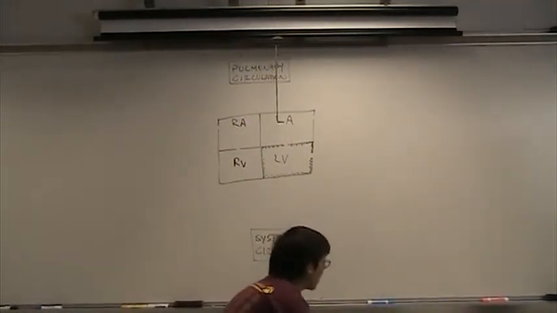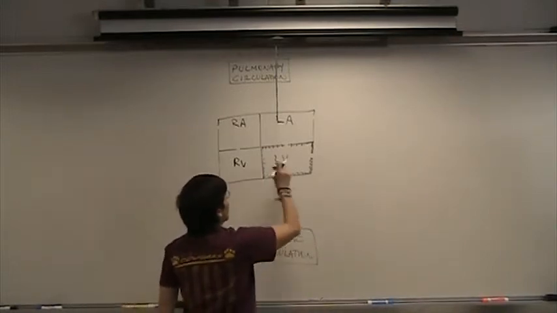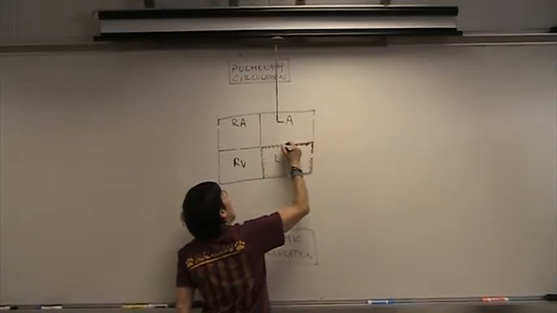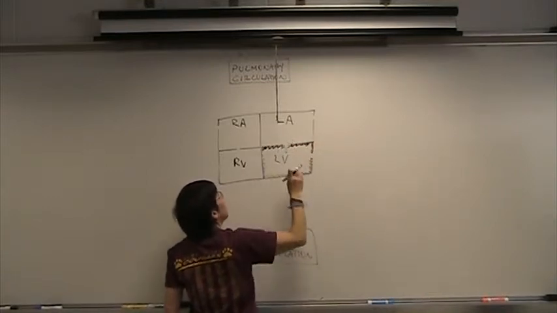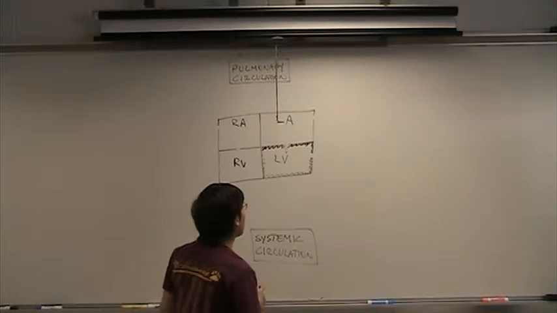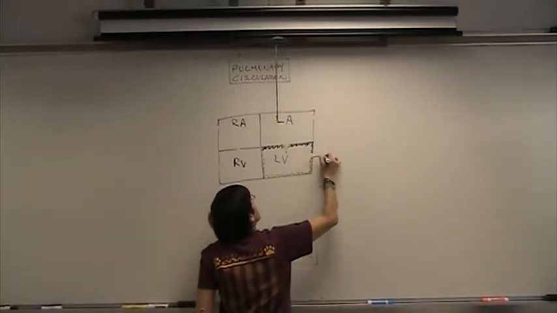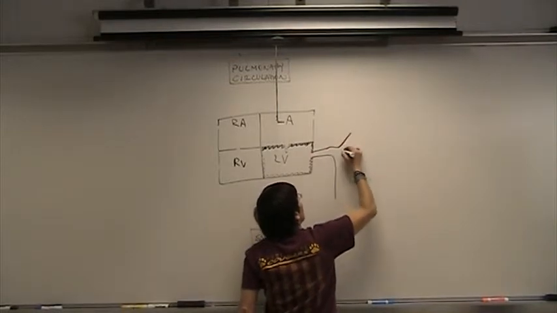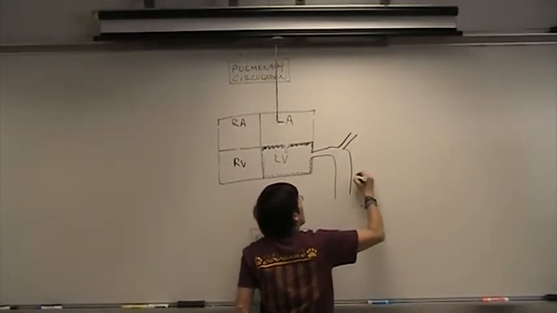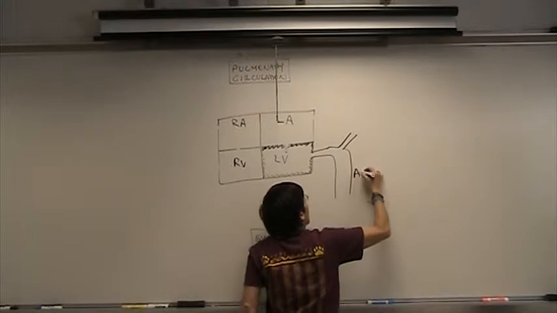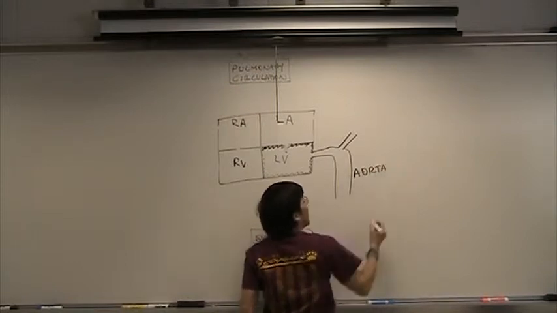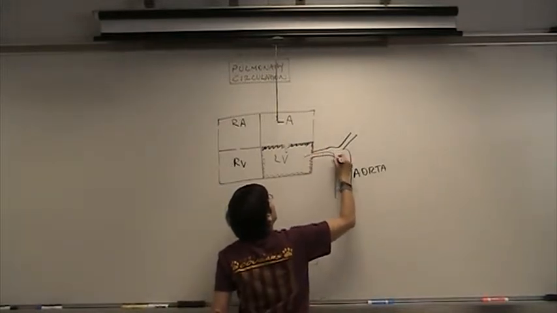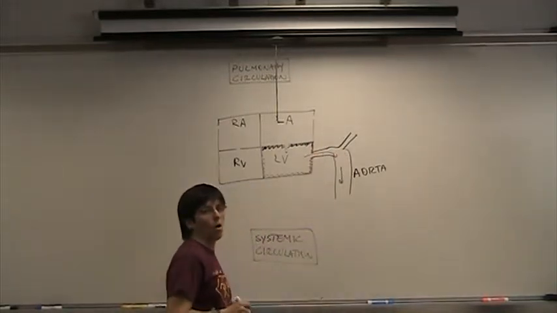So let's start. We are going to start right here in the left ventricle. Notice that I made it slightly larger and thicker because this is very muscular. It's the biggest chamber, because out of here comes a blood vessel that we call the aorta. It's an artery, it's your aorta, and this is gonna take blood to your whole body.